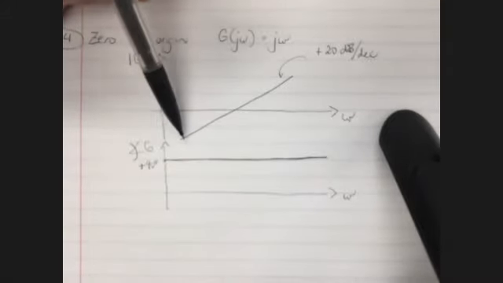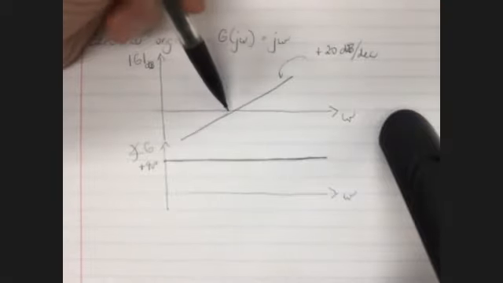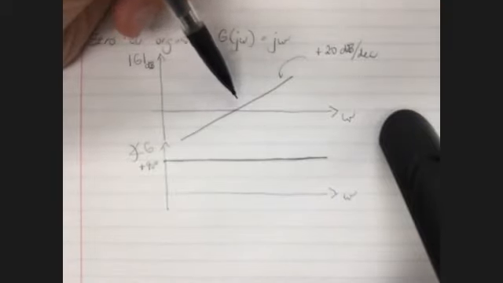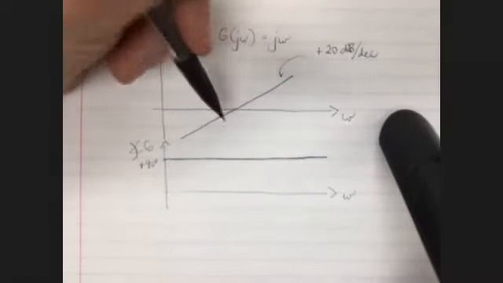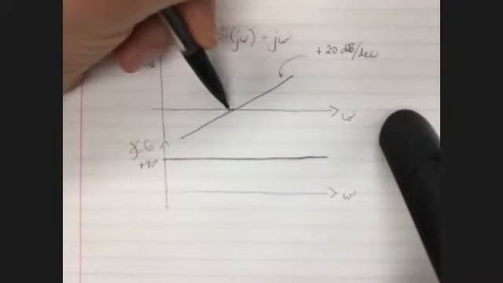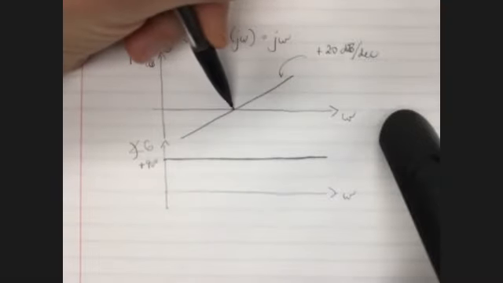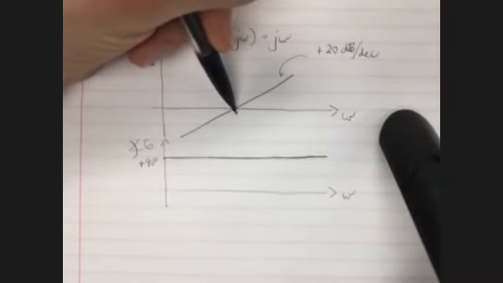If this slope is going the whole time, where does this crossing happen? That might be your first question. I mean, we don't have an omega 1 or anything. So basically the crossover right here is going to happen at omega equal 1.